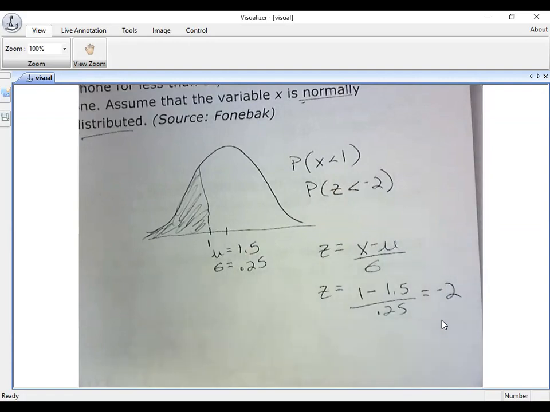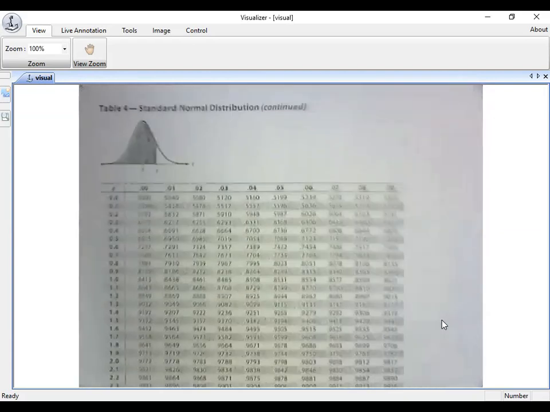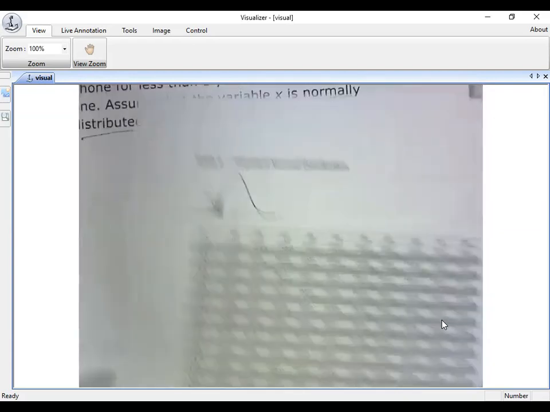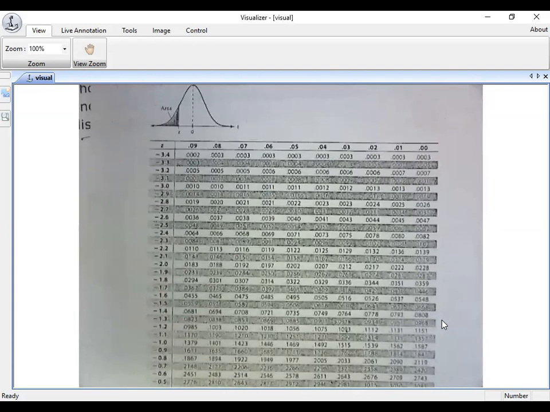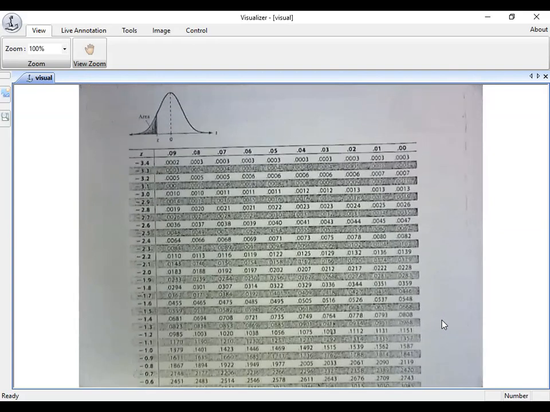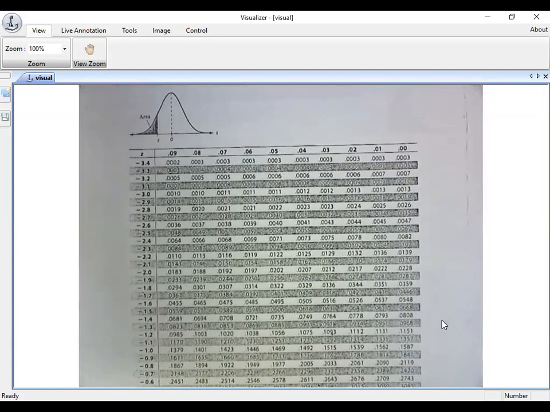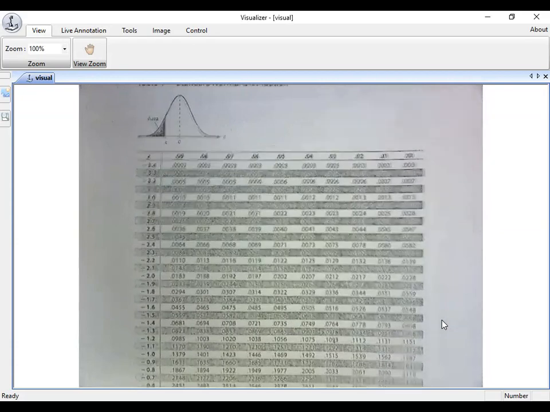If you're looking at the table, the probability that z is less than -2, I got to be sure I'm on the side that has negative numbers. And what is the z-score that is -2? 0.0228.